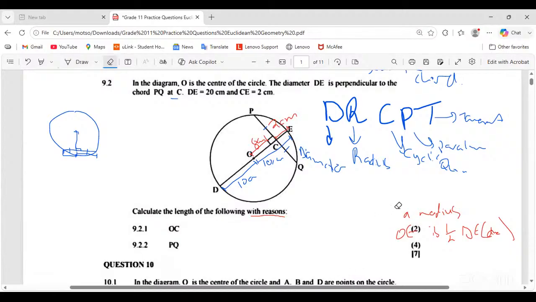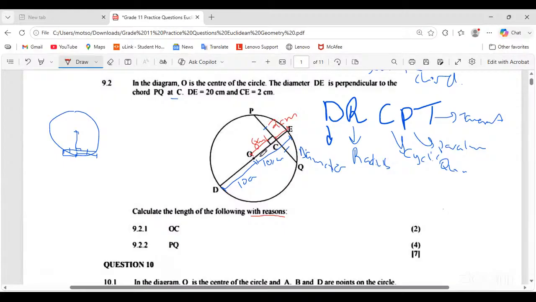Okay, let me erase this. There we go. Okay, now we want PQ. PQ is this chord here. Now, look at this. How can we find PQ?